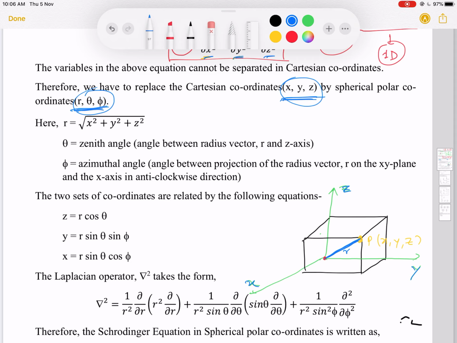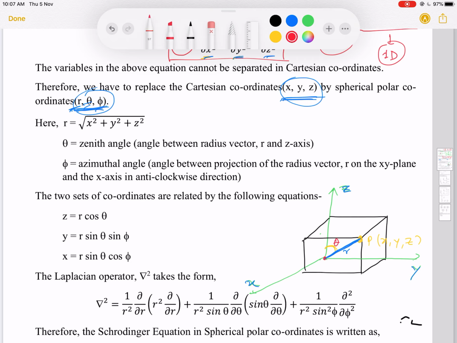So these polar coordinates are r, theta and phi. This is r. Now see, we have an angle between the z axis and this radius. This angle is your theta.